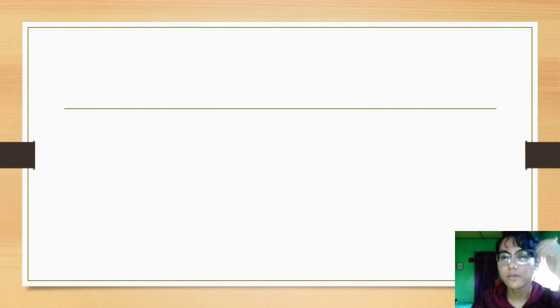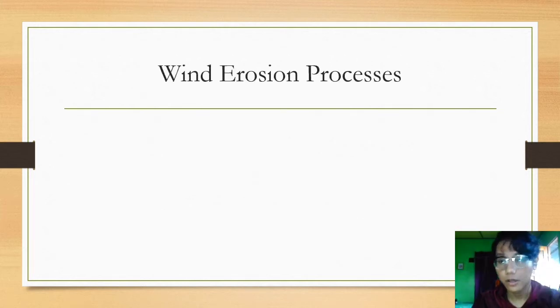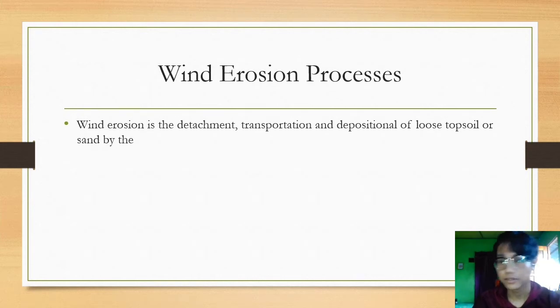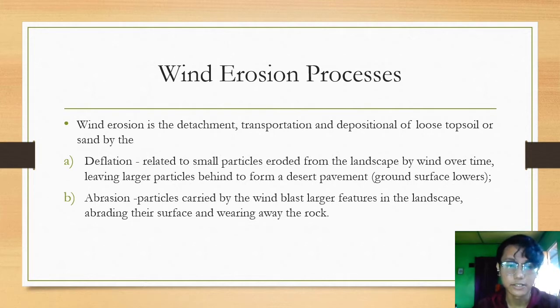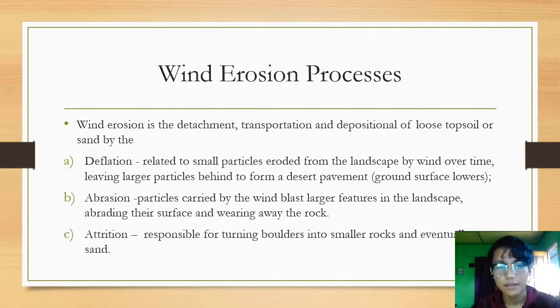So we're going to talk about wind erosion. Wind erosion is the detachment, transportation, and deposition of loose topsoil or sand by the processes of deflation, abrasion, and attrition. Deflation is the removal of loose material from the Earth's surface.